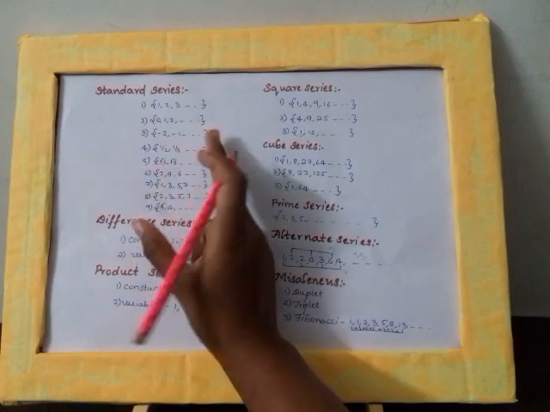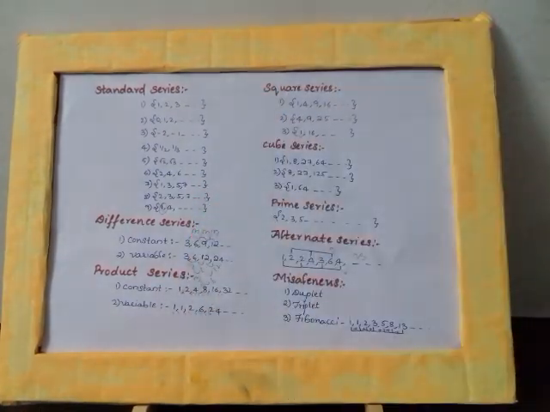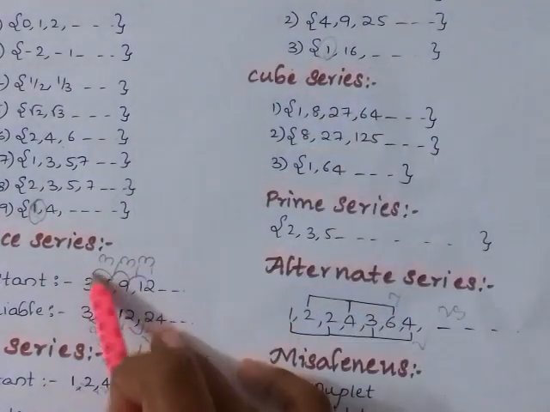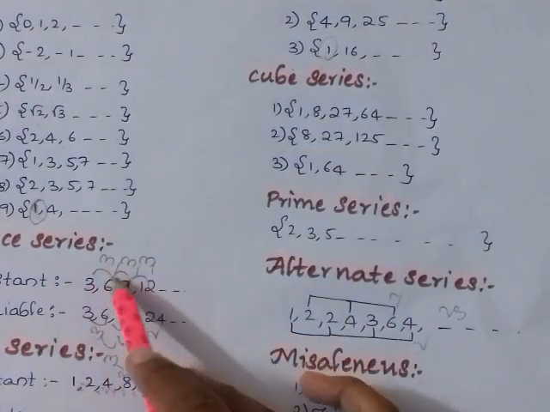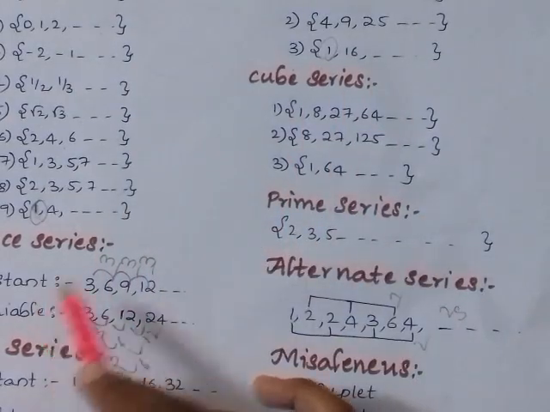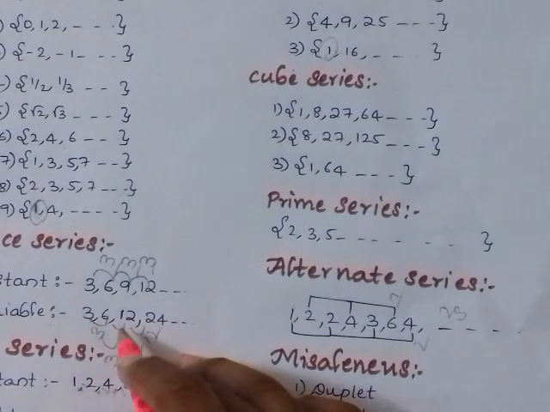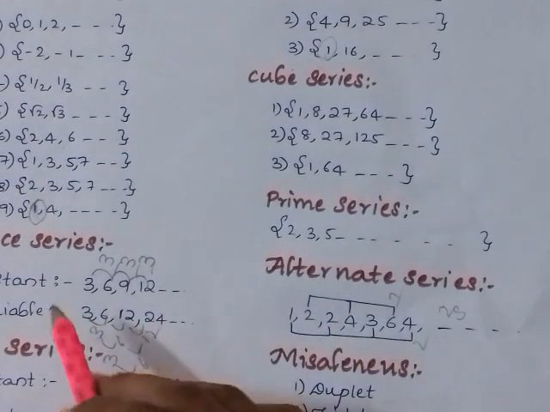And after the standard series comes the difference series. We have discussed constant difference series and variable difference series. Now, the constant difference series has a difference of 3 between the consecutive numbers, which is constant. Next, the variable difference series has differences of 3, 6, 12.